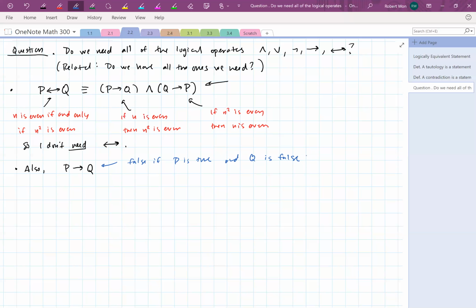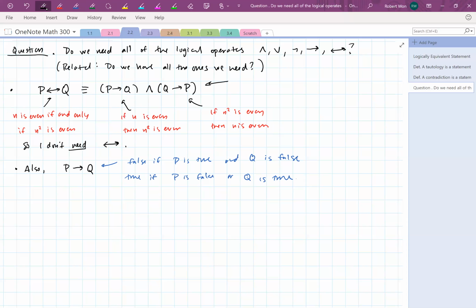Which means that it's true if P is false or Q is true. You might have to think about that for a second, but if P is false, then that conditional is true. And if Q is true, then that conditional is true. And the only time that it's false is if P is true and Q is false, which is exactly what you're excluding in the second line.